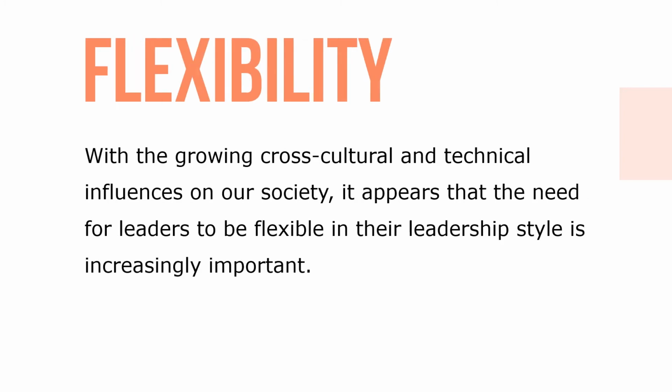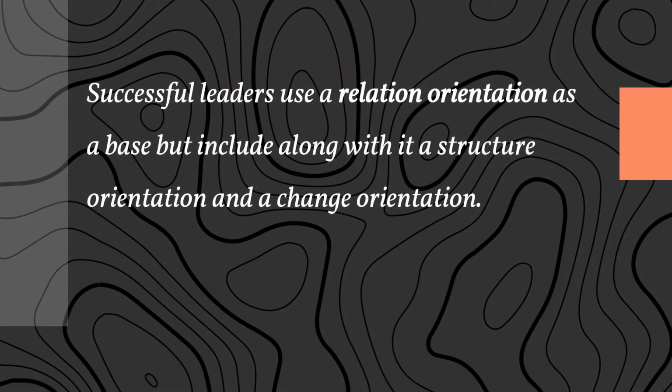With the growing cross-cultural and technical influences in our society, it appears that the need for leaders to be flexible in their leadership style is increasingly important. Successful leaders use relation orientation as a base, but include along with it a structure orientation and a change orientation.